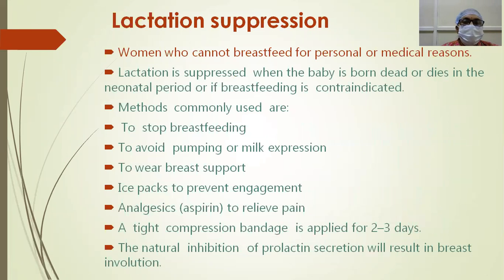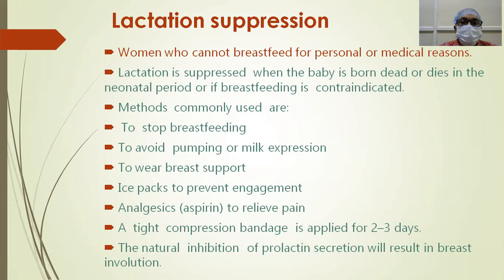Sometimes we need to suppress the milk, and there are certain conditions where milk suppression is required. Some women who cannot breastfeed for personal or medical reasons need milk suppression.